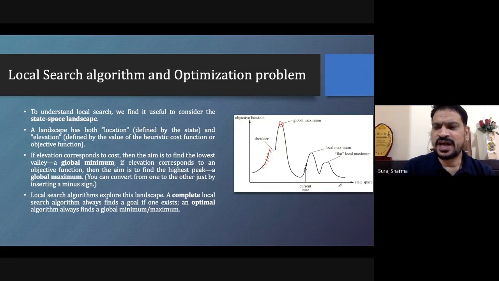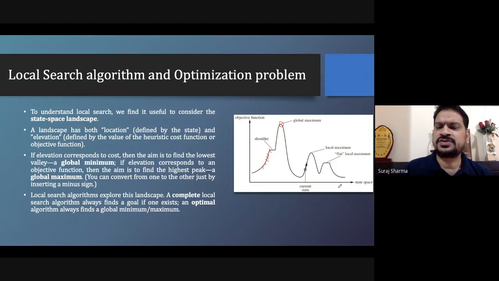State space, we know that like in a tree, if we have the initial node and we are going into the depth, we get a huge state space. If the state space increases, definitely we have to store those nodes somewhere, right?